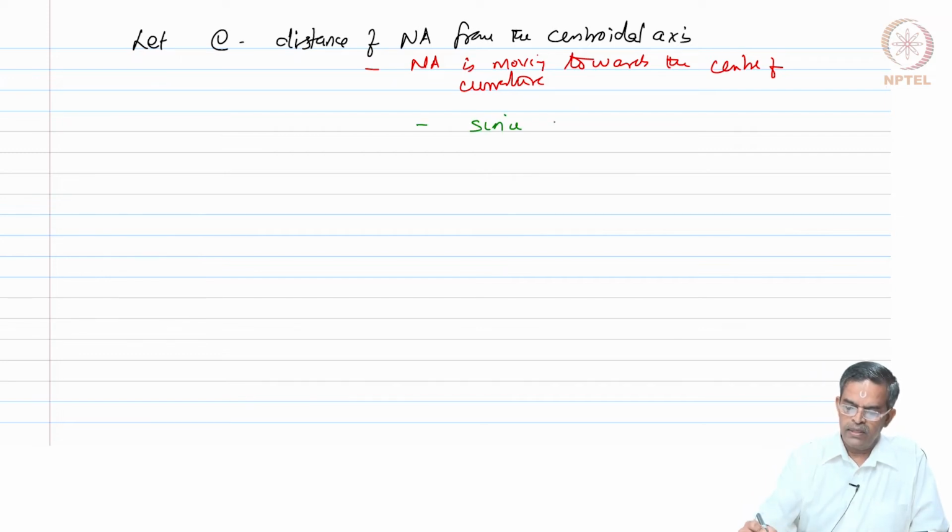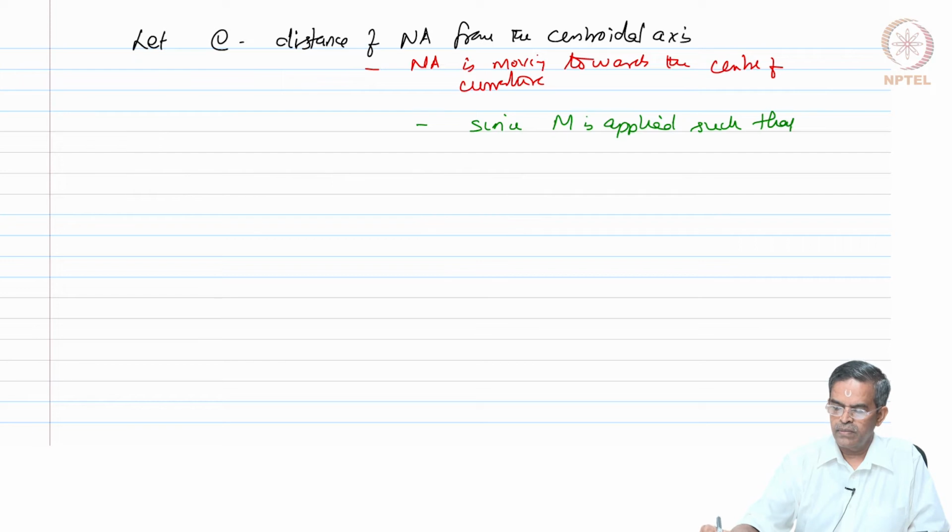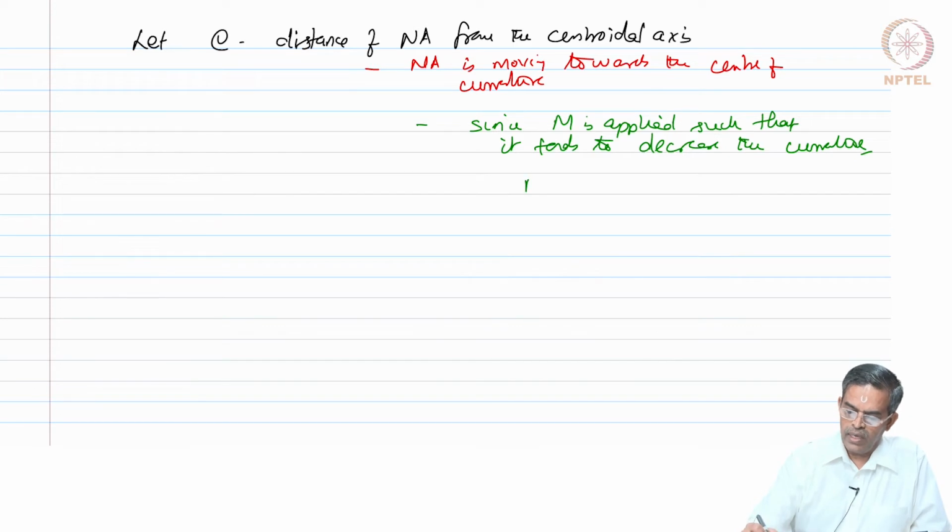Since M is applied such that it tends to decrease the curvature, neutral axis will move towards the center of curvature.